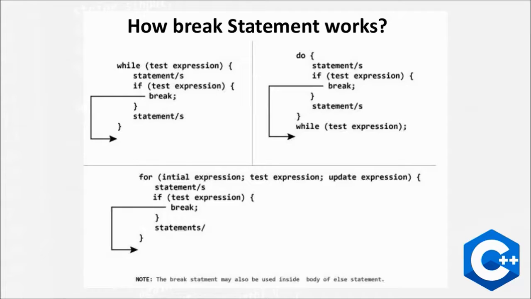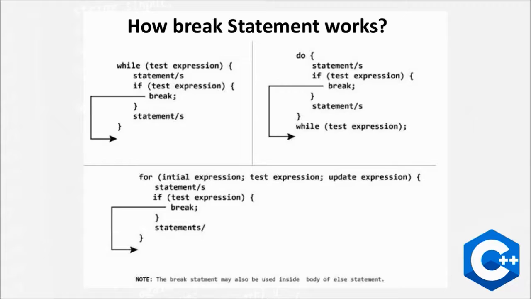For the for loop, after initializing the for loop, we enter into its body, similar to the while and do while loops. In the body, we insert different statements. Among these statements, we insert our break, and before it we set a test expression for this break, and then we terminate the for loop.